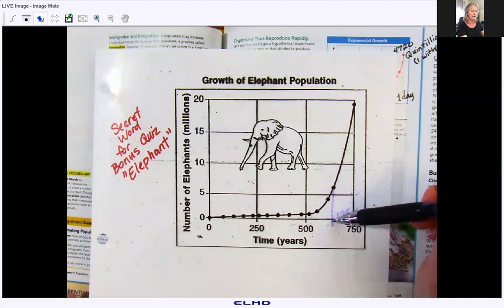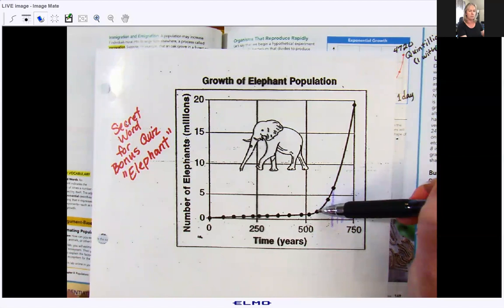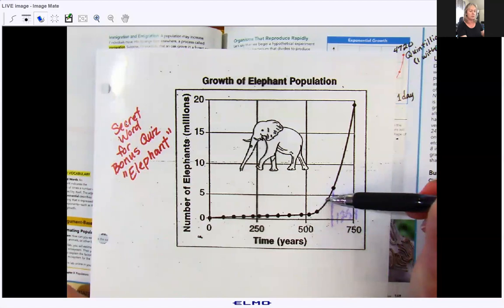But if we back up, here's about half of that, about 625. So right here, you go from your kind of steady state to you start this exponential increase around maybe 600 years.